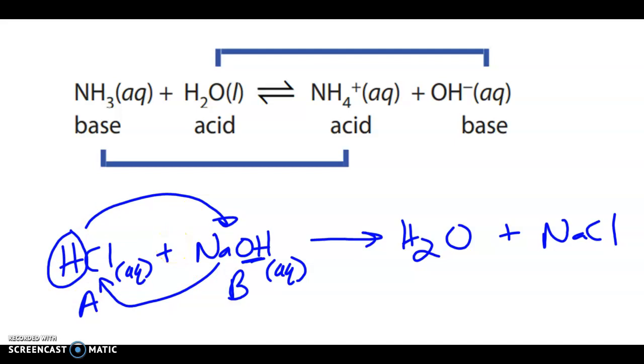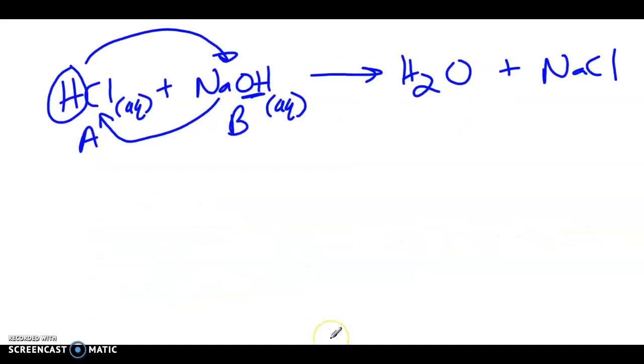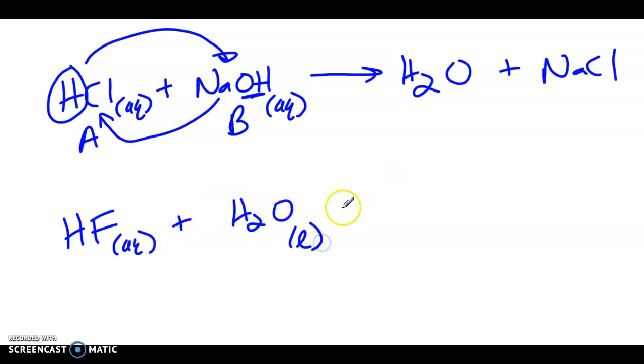Okay, so water, in this case, let's say we had an acid, hydrofluoric acid, reacting with water. This is something that is going to happen. You can have an acid that is reacting with water or a base that is reacting with water.